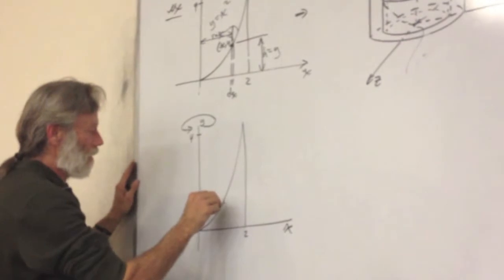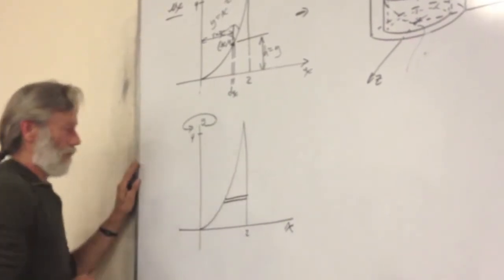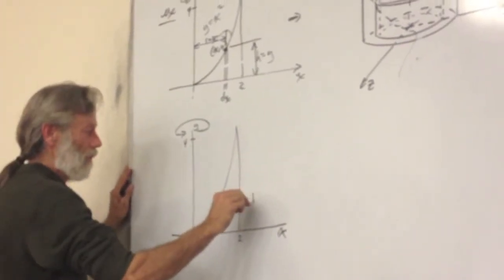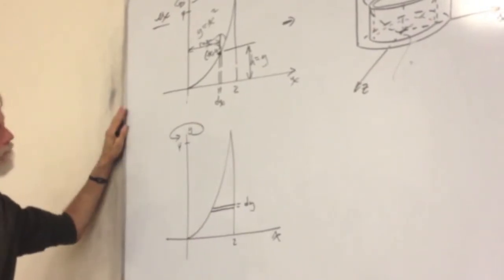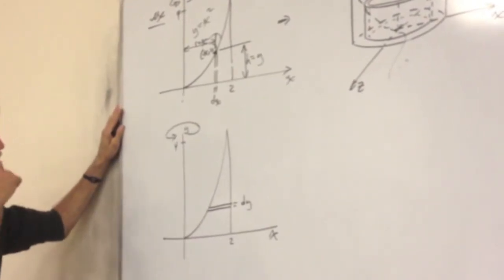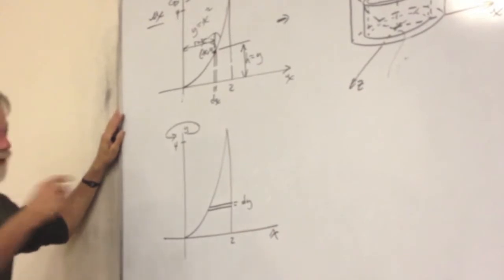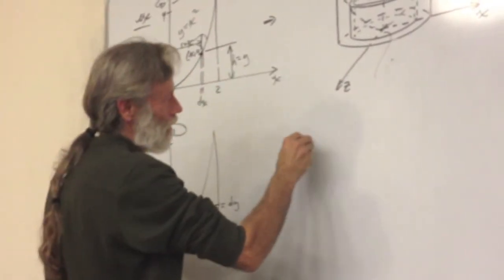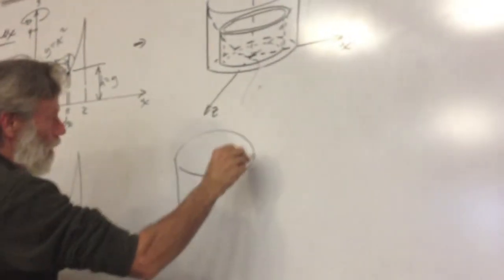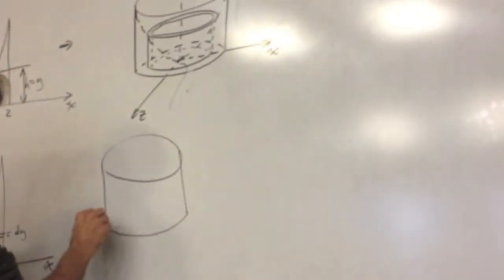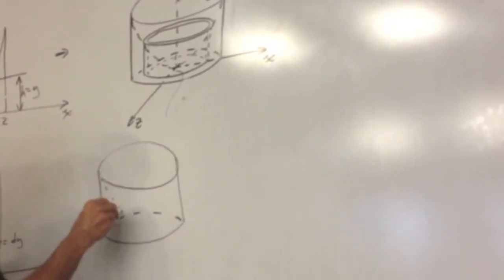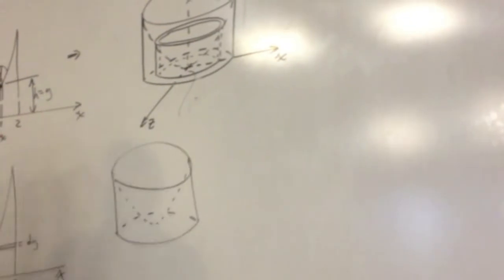This time take a slice, a dy slice, we might call that. But I'm still going to have that same kind of a bowl. Parabolic shape coming down the center and up.